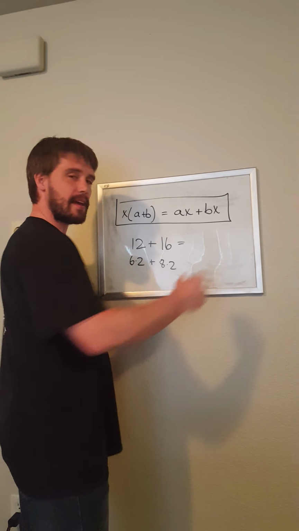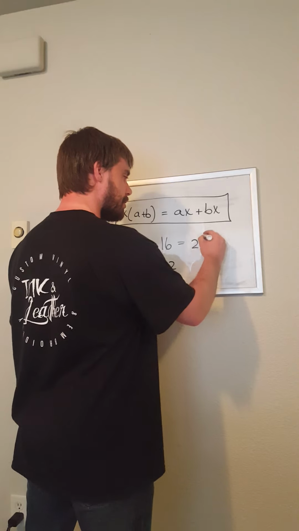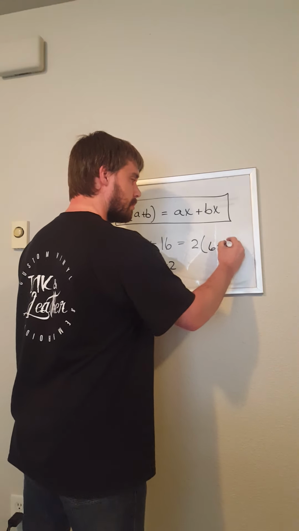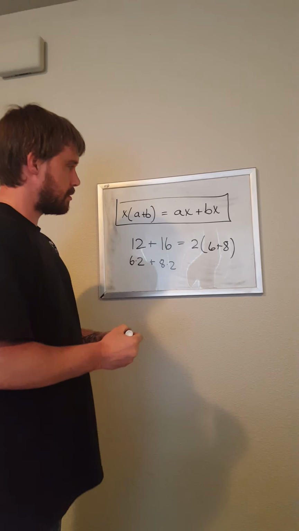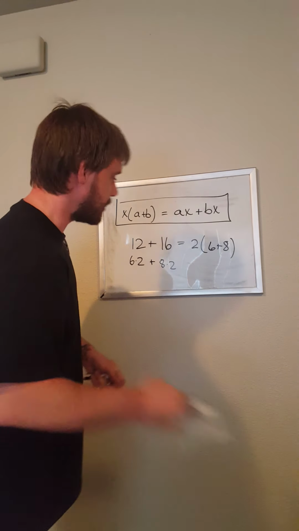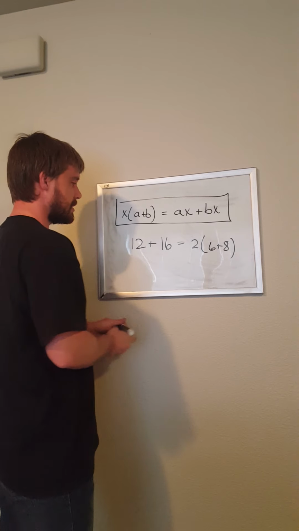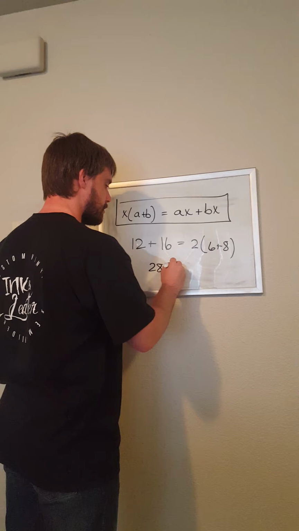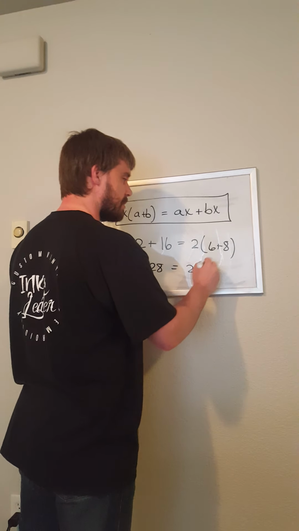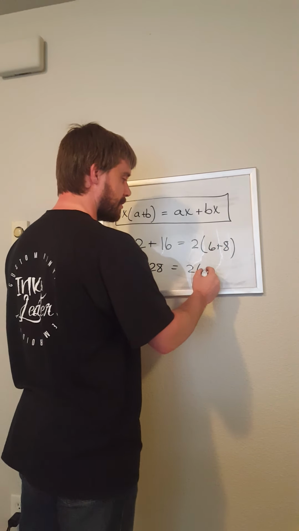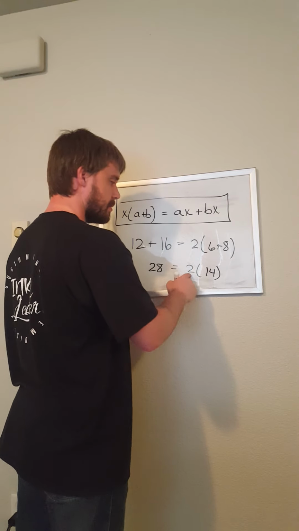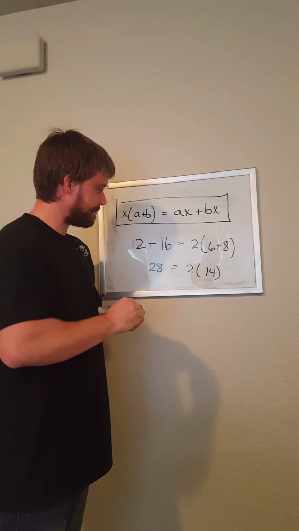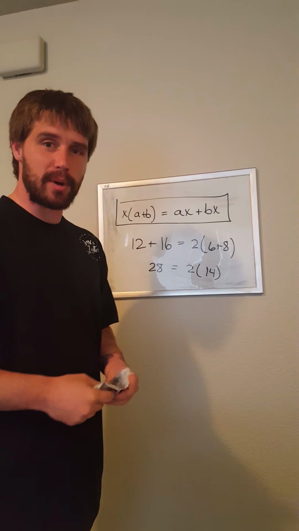And then I could take that factor of 2 out, get 2 times 6 plus 8. We can just check that. 16, 17, 18, 28. So this is 28 equals 2 times 8, 9, 10, 11, 12, 13, 14. So 2 times 14 is 28. Yep, works. So that's the distributive property.